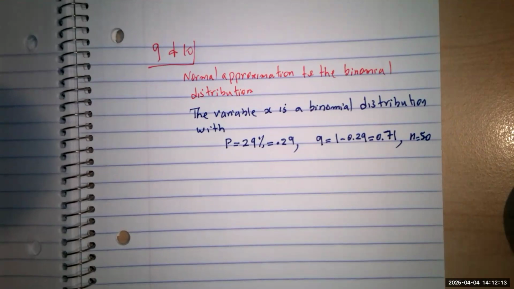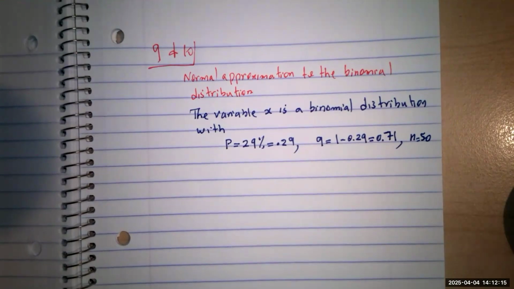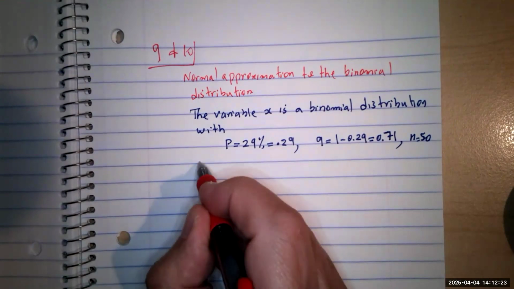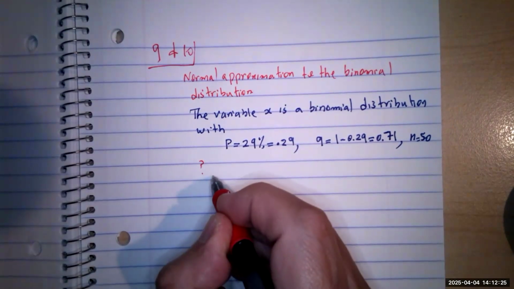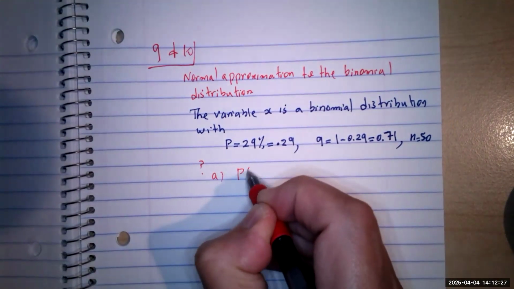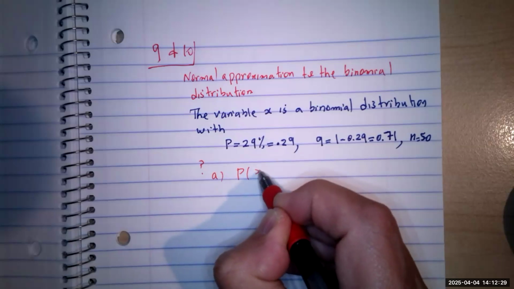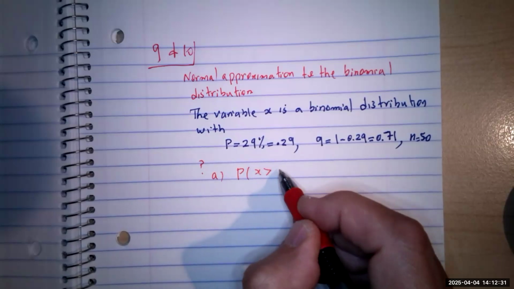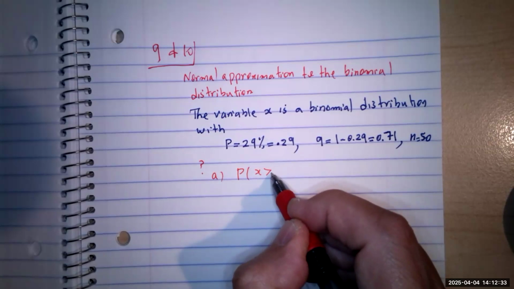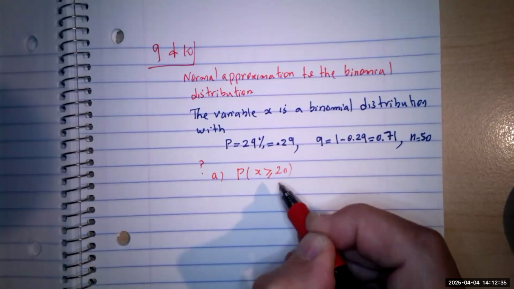So what is the question? The question is going to be, you want to use the normal distribution, change this one to the normal distribution to answer this question. Part 1: what is the probability that X, I use the same variable, is going to be greater than or equal to 20?